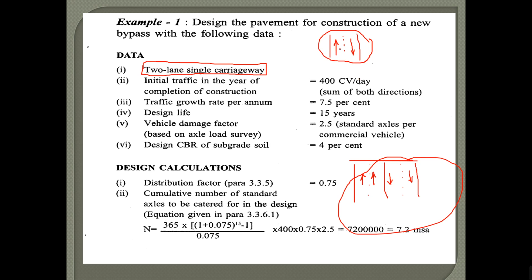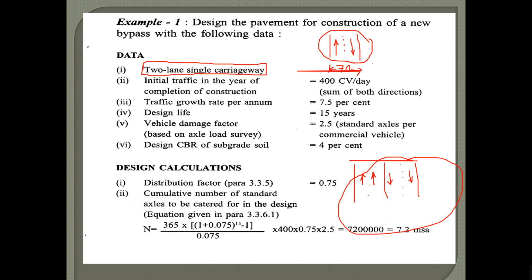If they are traveling in both directions upon the same carriageway, for ongoing as well as opposite traffic, with the width of carriageway, let us assume, of 7 meters, 3.5 meters is meant for constructing a single lane road. For a 2-lane single carriageway, it is 7 meters.